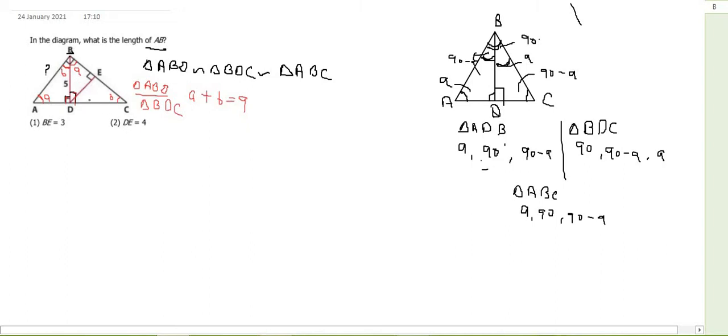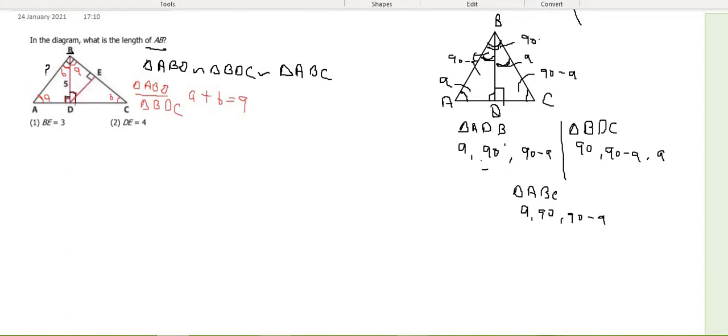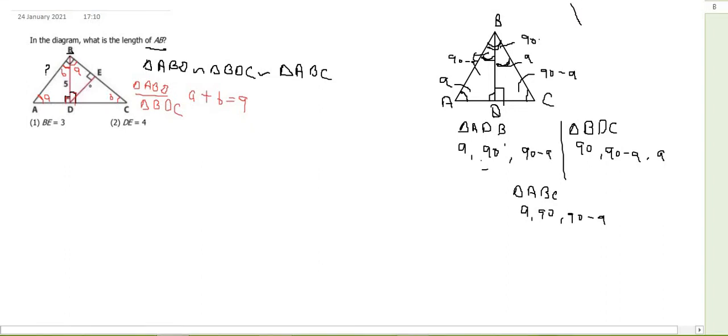Now, let me change the color for clarity. If you look at triangle BDC, it is also a right angle triangle, right angled at BDC, right?